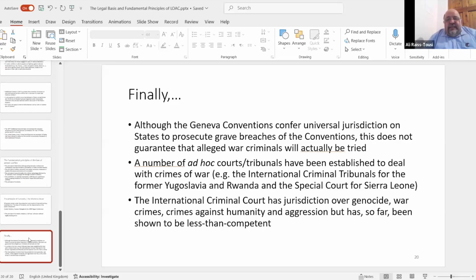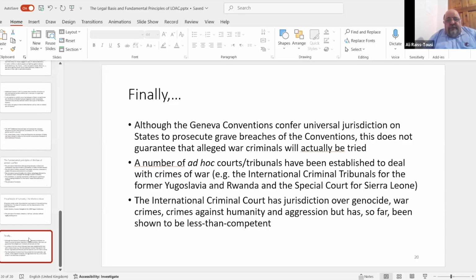But the reality is that when it comes to the structures available in international law to deal with violations, those structures are very weak. We have a number of ad hoc, temporary courts and tribunals. For example, the International Criminal Tribunal set up for the former Yugoslavia or set up for Rwanda.